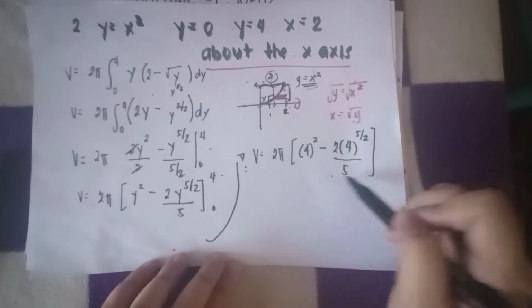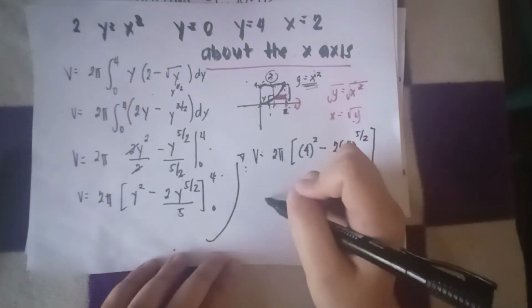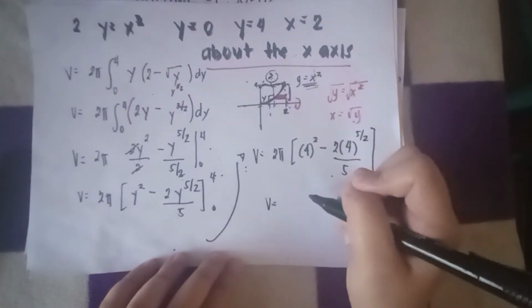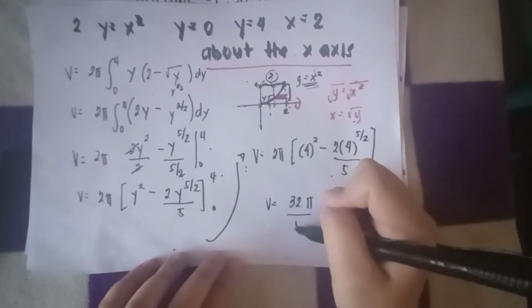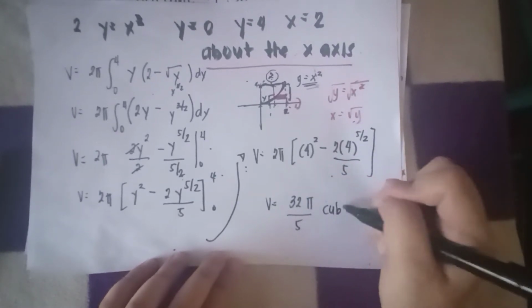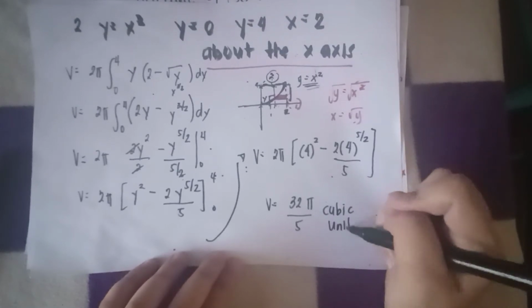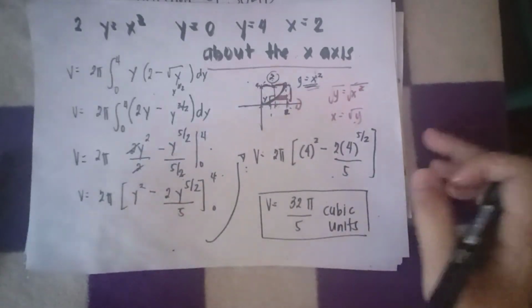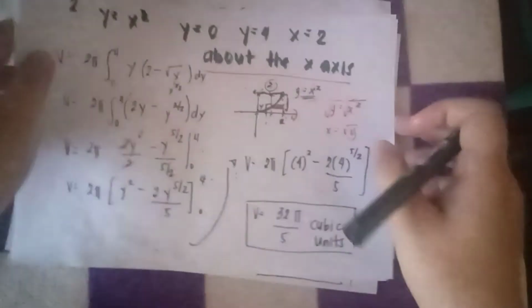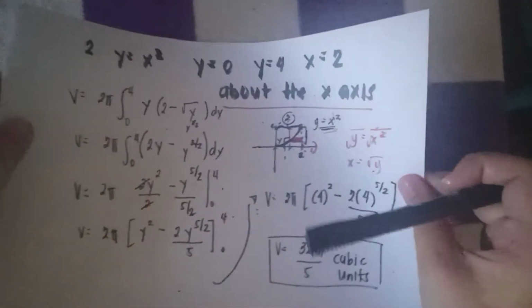So, kapag kinalculator natin, ang lalabas po sa kanya is volume is equal to 32 pi over 5 cubic units. And that is the final answer po. There we have it. So, next.